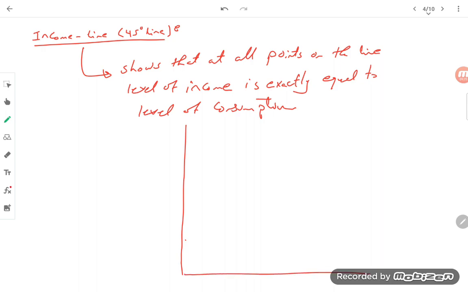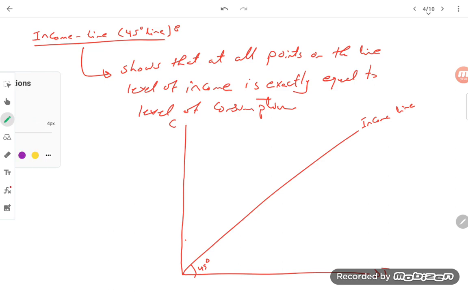On the x-axis, we are going to draw disposable income, and on the y-axis, consumption. As we said, the first step is to draw the income line, or the 45-degree line. This is a 45-degree line. This is known as the income line.